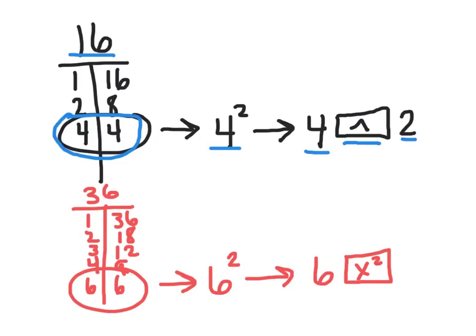If it were a 3 here, we would call it cubed, so it would be 4 to the power of 3, but we're just dealing with square numbers today.